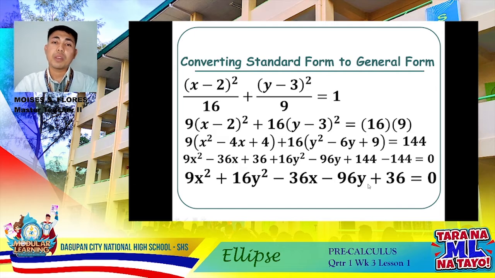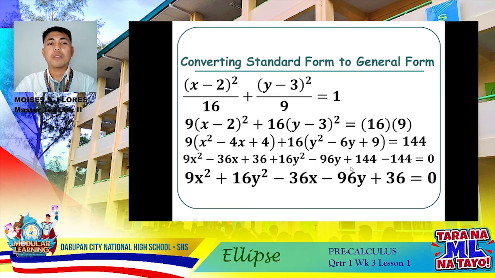Then we simplify by combining like terms with respect to your constants: 36 plus 144 minus 144, so this is cancelled. Automatically, we have positive 36 equals 0. So there you have the converting of standard form to general form. We cross-multiply our denominators, expand the binomials, distribute the other factors, and of course, we simply arrange the terms in the general form, combining your constant terms and equating to 0.